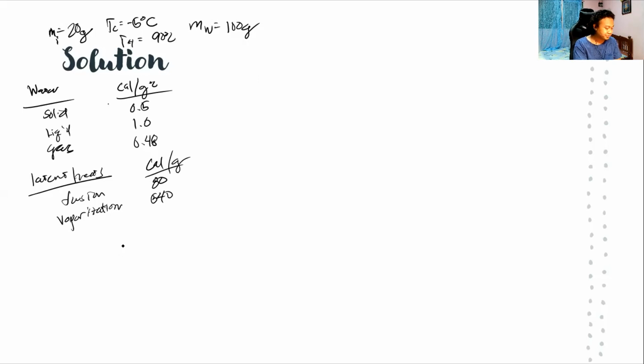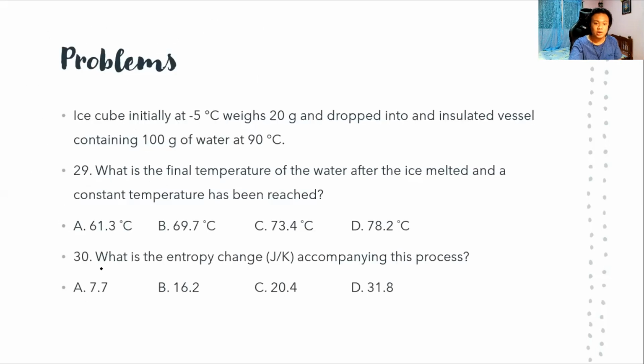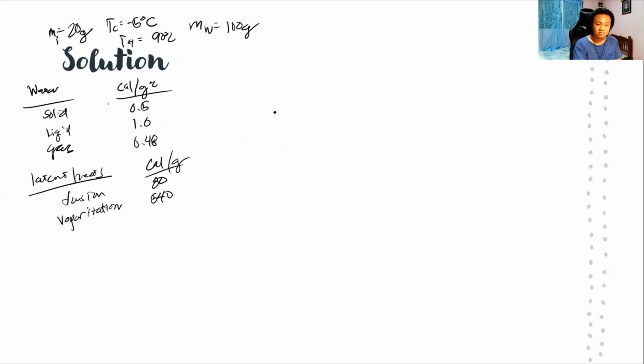So actually to go to this you have to find the temperature, right? So we are given actually a mixture, diba? Ice cube is dropped into an insulated vessel containing 100 grams of water. So our system here, you have to draw the system. So you have a fully insulated beaker, maybe.